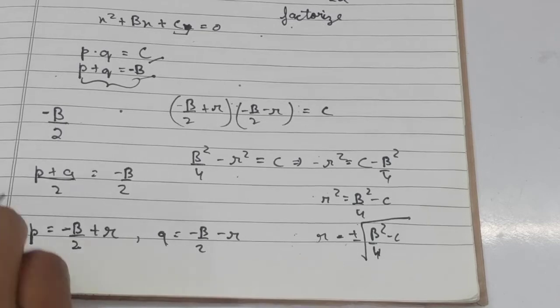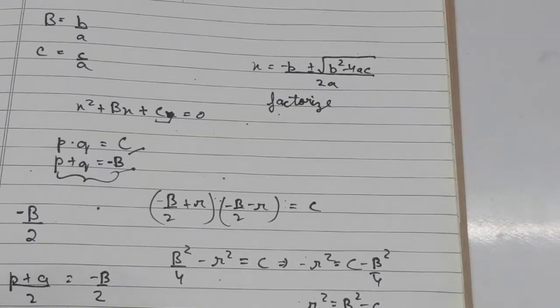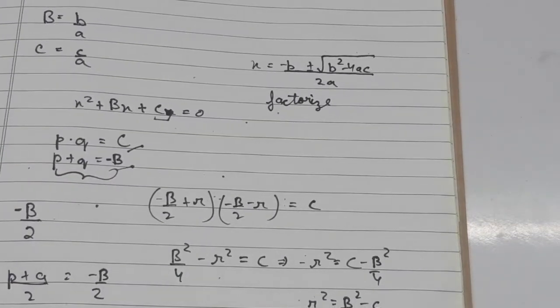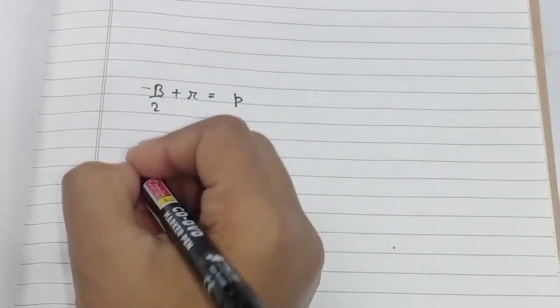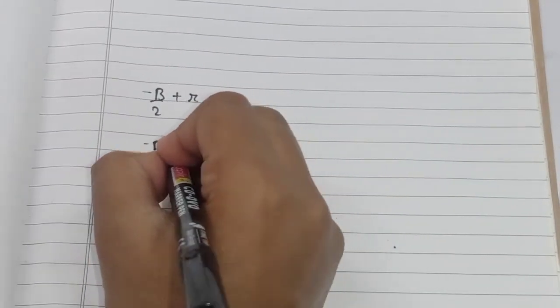Now we have to find p and q. So the value of minus b upon 2 plus r is equal to p, and minus b upon 2 minus r is equal to q, right?